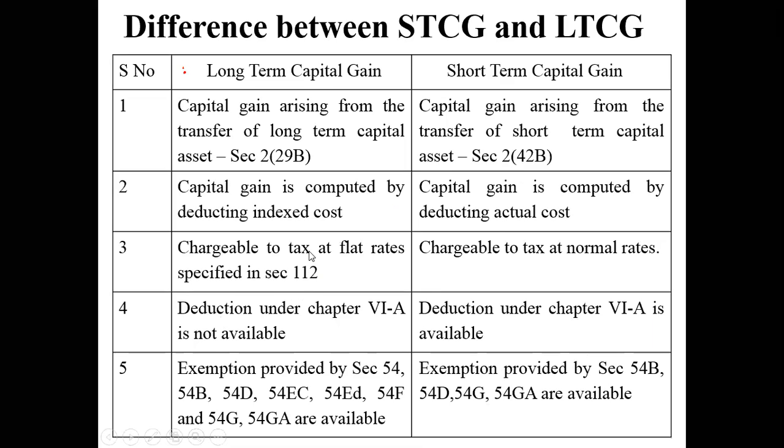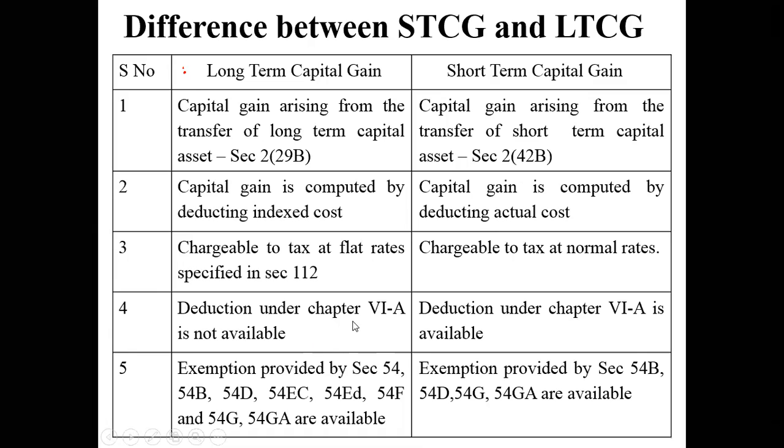Okay. So long-term capital gains have one benefit, that is the benefit of indexation, and because they have the benefit of indexation, they are charged at flat rates, and because they are charged at flat rates, they have no deductions applicable under chapter 6A, that is, under section 80C to 80U.